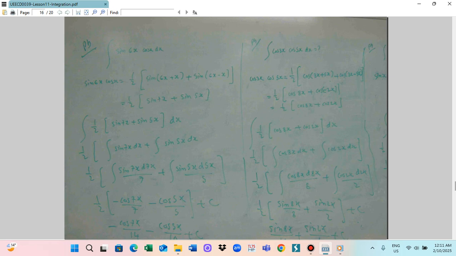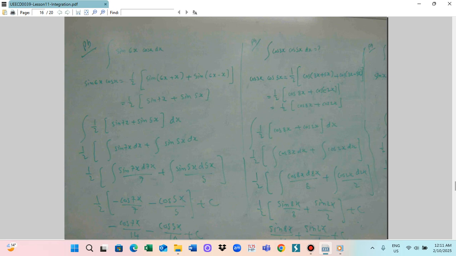Okay, now we integrate. So this is 8A, so we must have d8A, so that you multiply with 8. So this is half integration of cos 8A d8A by 8 plus this one also integration of cos 2A d2A by 2. So this one we keep the half.